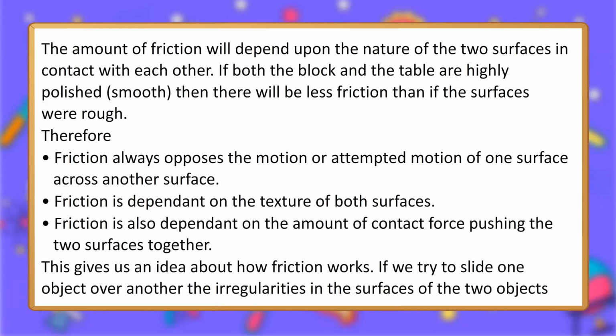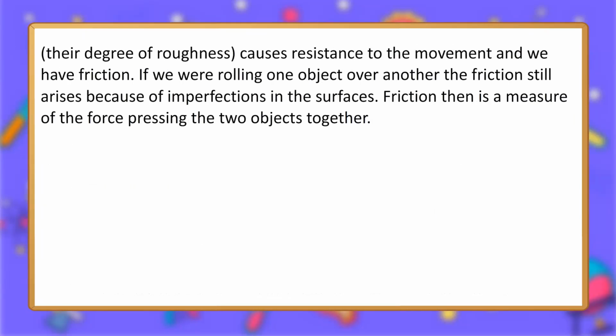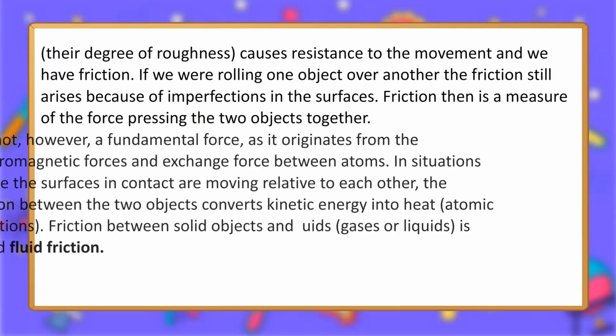If we try to slide one object over another, the irregularities in the surfaces of the two objects, their degree of roughness, causes resistance to the movement and we have friction. If we were rolling one object over another, the friction still arises because of imperfections in the surfaces. Friction then is a measure of the force pressing the two objects together.